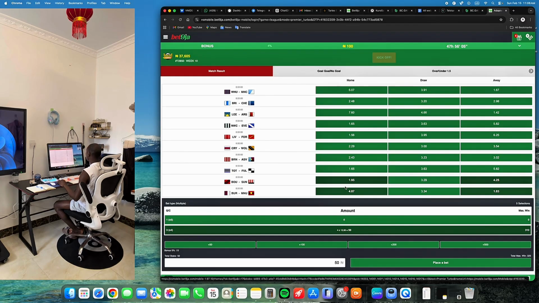Then Sunderland and Burnley. We have Sunderland and Burnley playing at an average odd of Burnley likely to win. And Sunderland, you know, this team is at the bottom and is away. So for it to win heavily with this kind of big odd is going to be quite challenging.